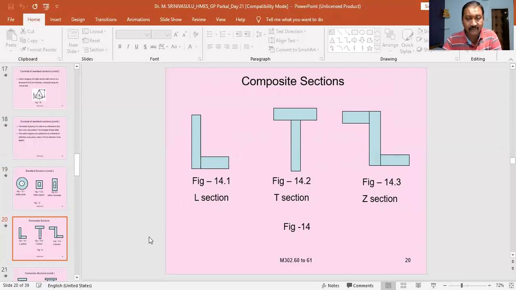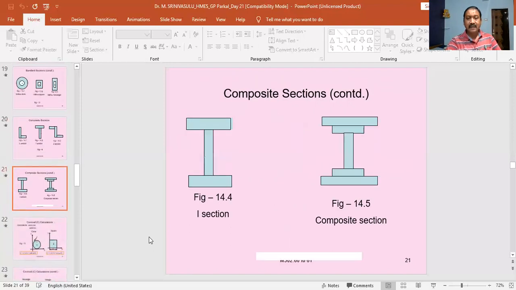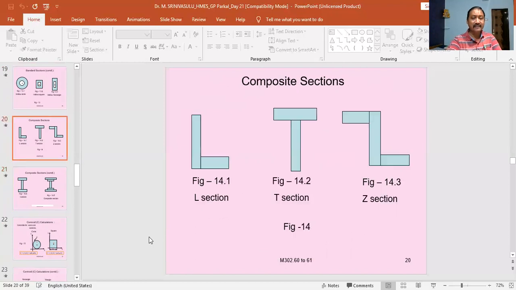For example, take the L section, T section, Z section, I section, and built up I section. These are called composite sections, and generally these cross sections are used in engineering applications to have sufficient strength depending on the requirements. So we need to locate the center of gravity of all these sections depending on the requirement.